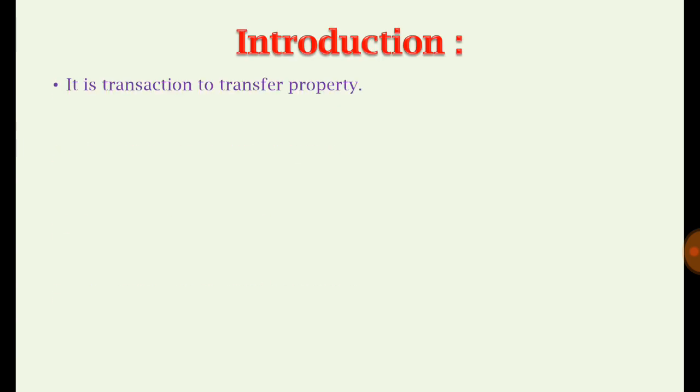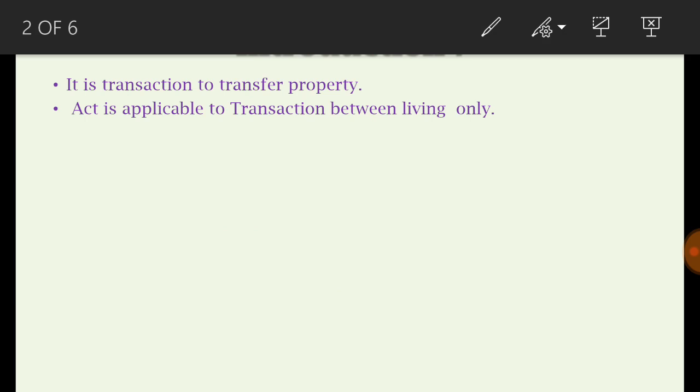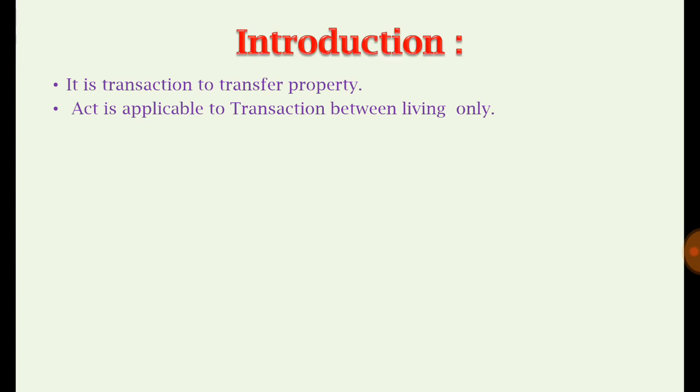So friends, as you know, the transfer of property is nothing but the transaction of transfer of property. Therefore, the Act is applicable to transactions between living persons only. The Transfer of Property Act 1882 is applicable to transactions between two or more living persons.